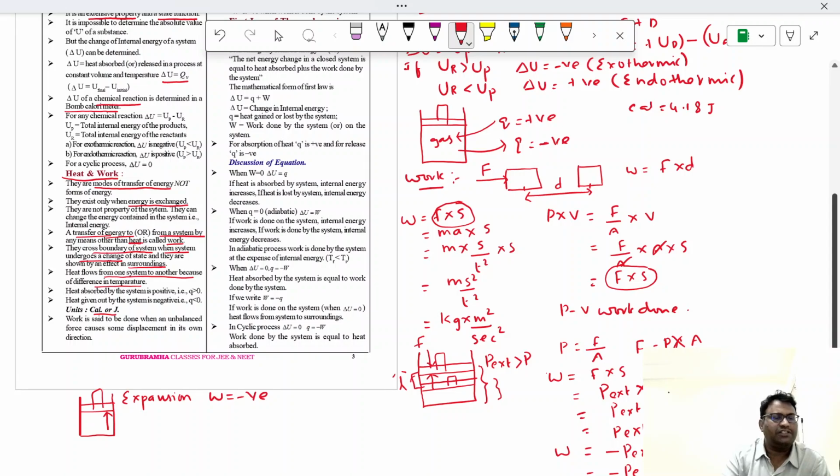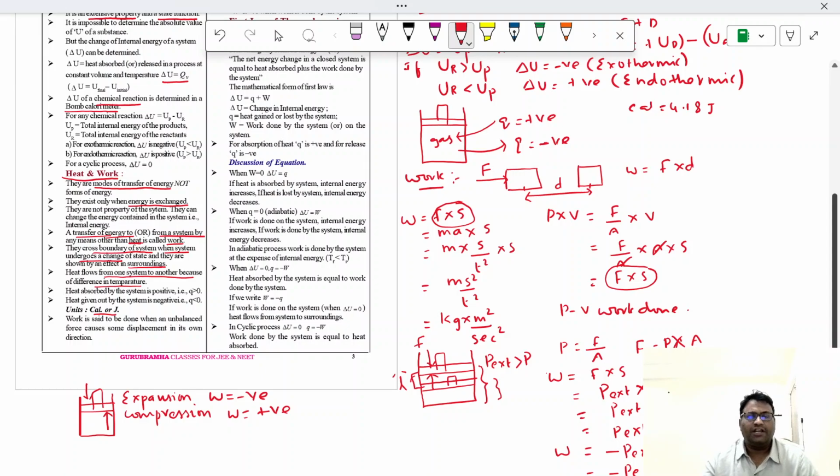Work done on the system means compression, so W will be positive. According to the conventional sign, when work is done by the system, W is taken to be negative, and when work is done on the system, W is taken as positive.